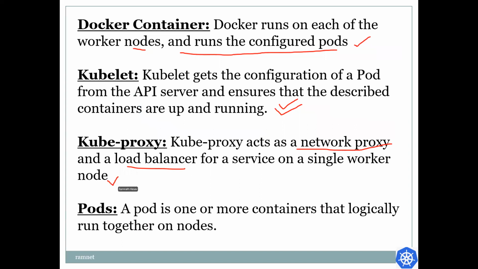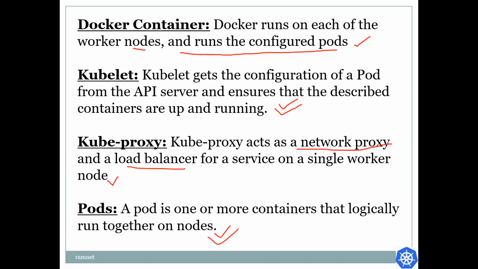A pod is one or more containers that logically run together on the nodes. So a pod is nothing but multiple containers in one pod. And the Docker containers, we see that.